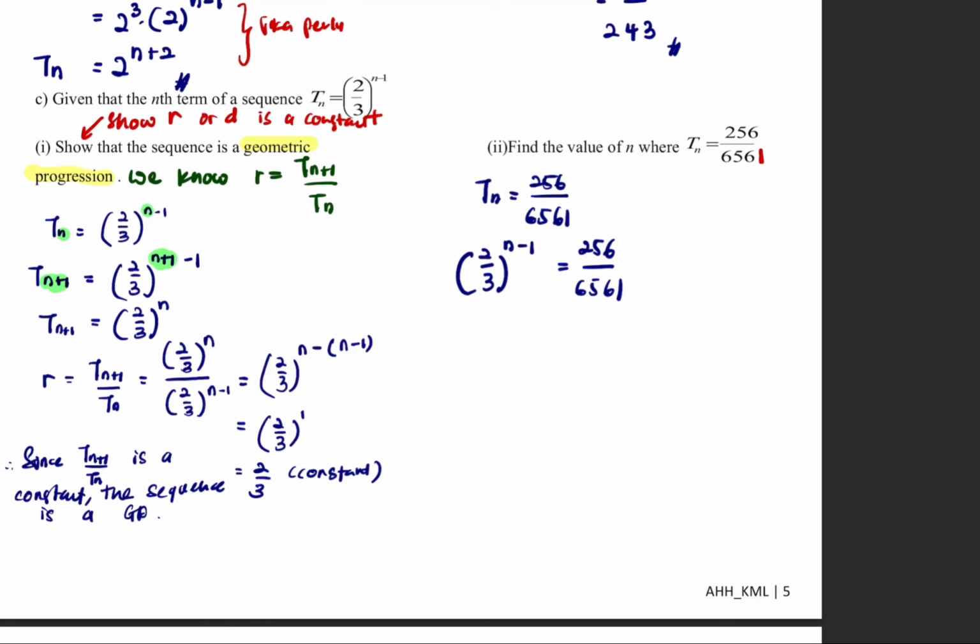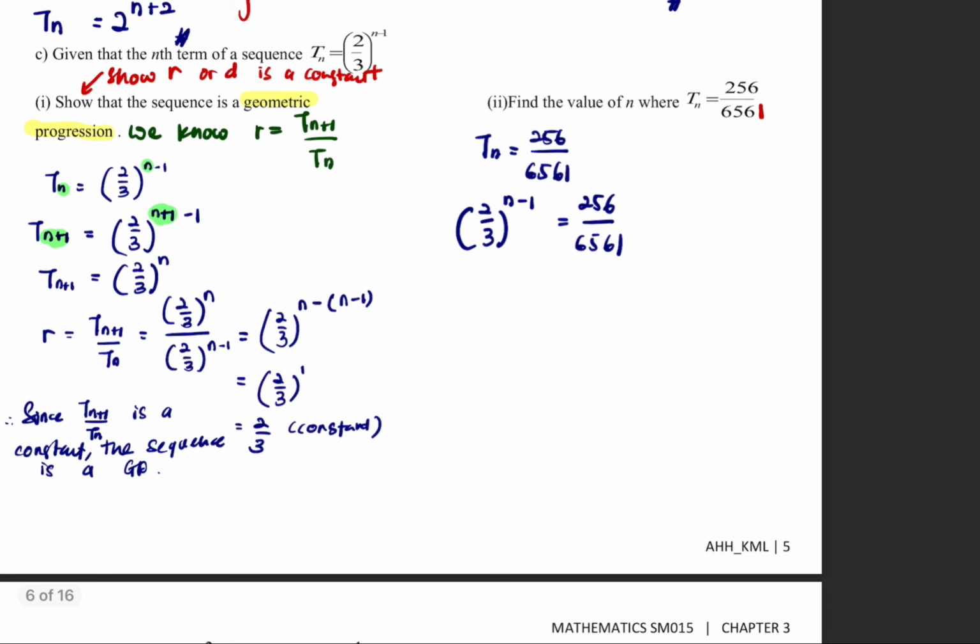Okay, so sekarang masih lagi balik semula kepada chapter 1 kita, indices ataupun index equation. Ini ialah indices. Kenapa dia indices? Sebab dia ada power of something. Okay, which is base dia lain. So apa yang kita boleh buat is we can log both sides. So we have log (2/3)^(n-1) equals to log 256 over 6561.